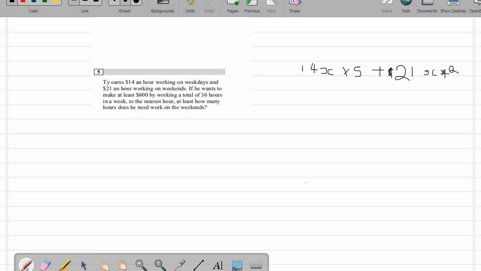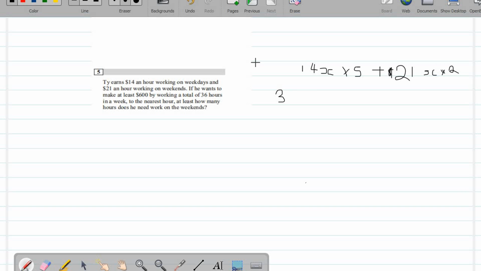So he's working a total of 36 hours in a week, and he wants to make $600, because that's what he's going to earn.